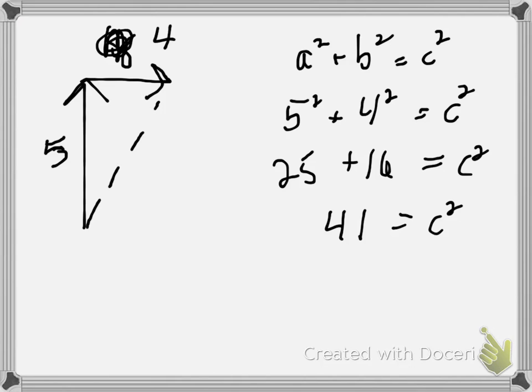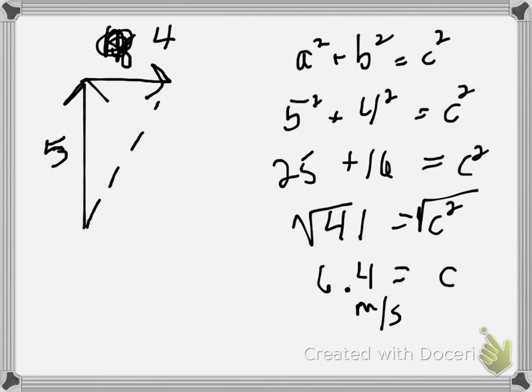And then in order to get that c to be just a c rather than c squared, you would have to take the square root of both sides. Hopefully you guys remember this from algebra. So that would turn into c equals the square root of 41. I'm going to take out my calculator real quick and we'll see what that is. So that would end up being 6.4, and that would be in meters per second.